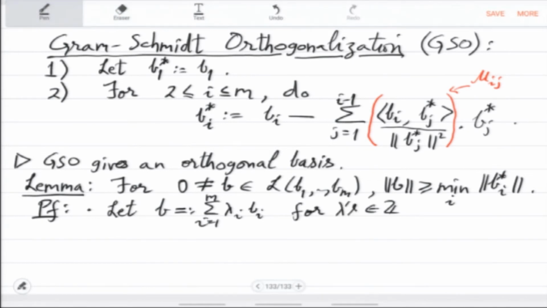For lambda's integral, and let us say lambda m is non-zero. Okay, something has to be non-zero because B is non-zero. So, let us say lambda m is non-zero.